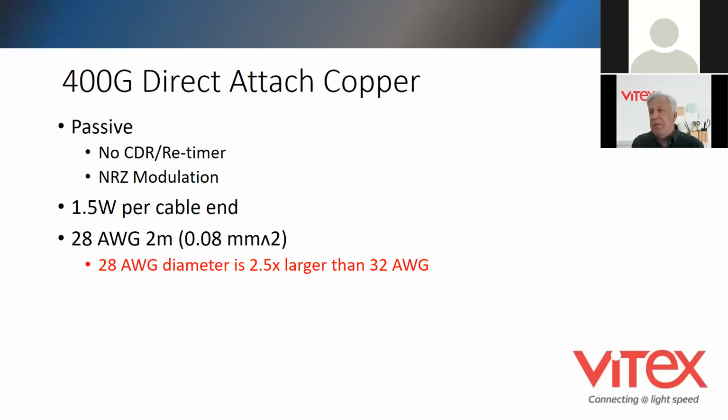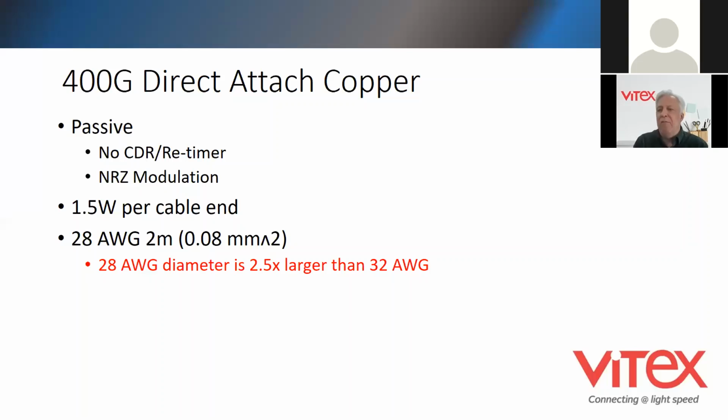As far as power is concerned on the direct attached copper, very low power consumption. And in terms of your diameter, for 400 gig, you're looking at 28 AWG for a 2-meter cable, or even a 3-meter cable. And that's 0.08 millimeters squared.